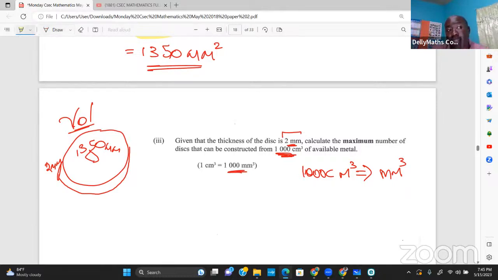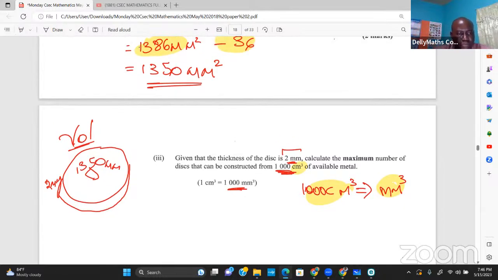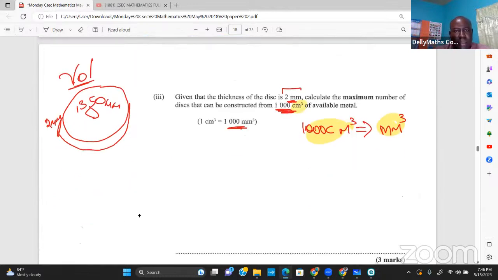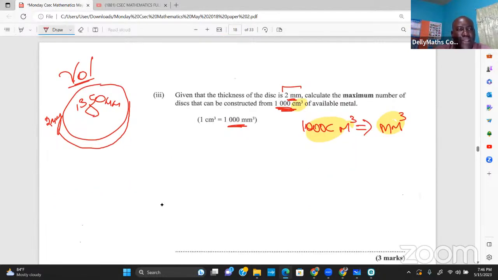Don't just run on with the question without looking. There are 2 different units going on. They gave me something in cm cube, but all my other measurements are in mm. So I'm going to convert that to mm cube. But firstly, you want to know the material that you need to use, right? So basically, I want to find the volume. Hold on, I'm going to have to find the volume of the disc first.